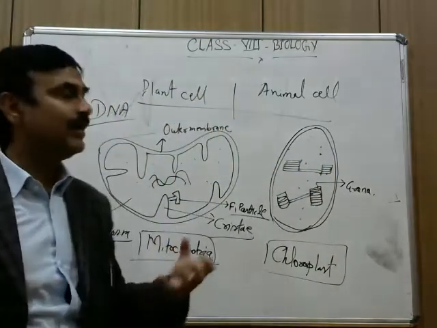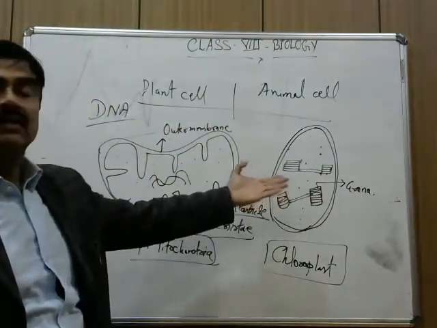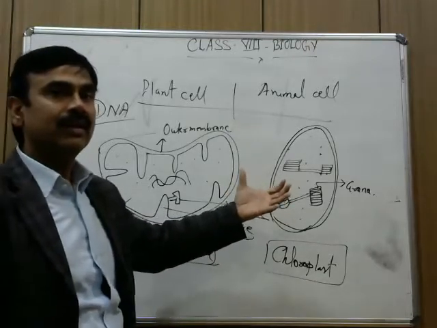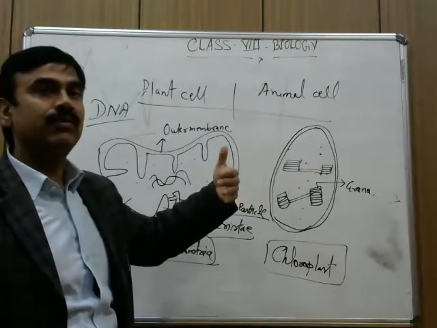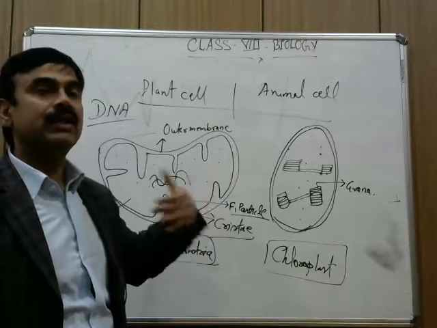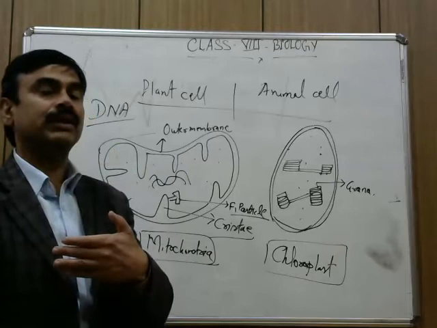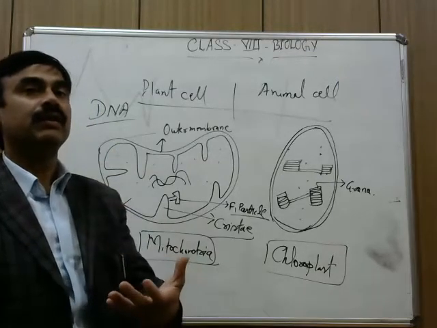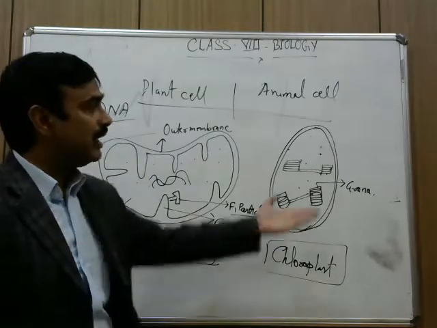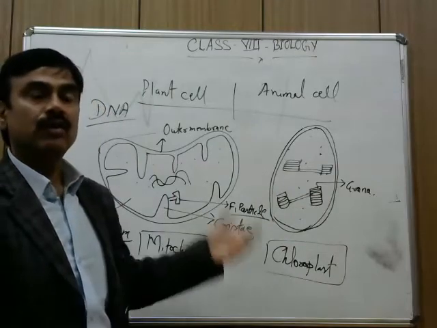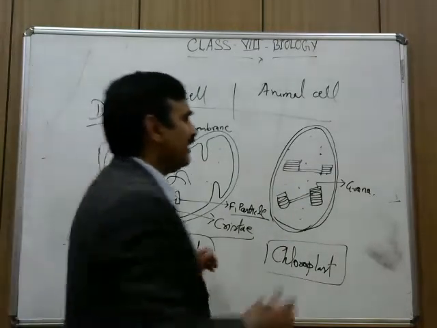Light is absorbed in the grana through the chlorophyll, which is responsible for giving green color and for synthesizing food. The photosynthesis takes place with the help of these chloroplasts, which contain the grana and stroma.